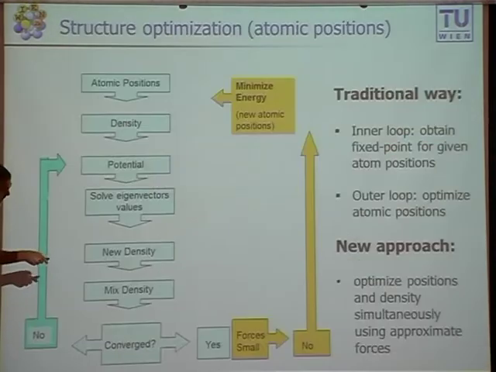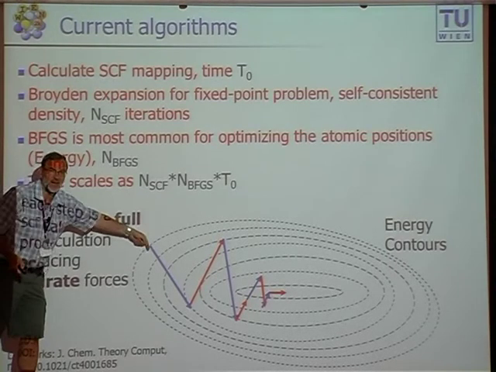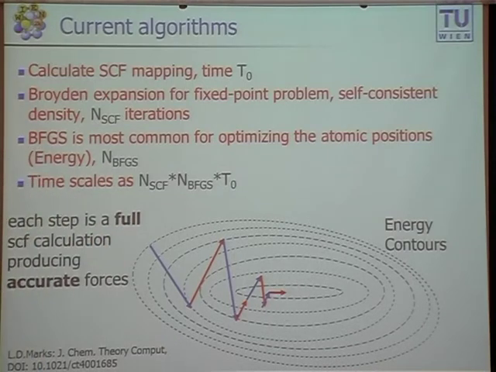Now, each point is a full SCF cycle with 20, 30, 40 SCF iterations. Now you can ask yourself, why do I need the exact forces here? It's useless. I don't need to know that the forces here are in x direction 14.7835 with whatever accuracy.